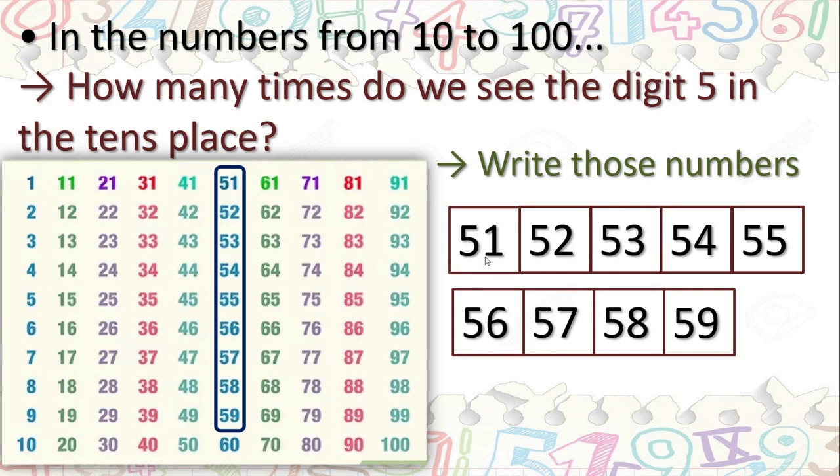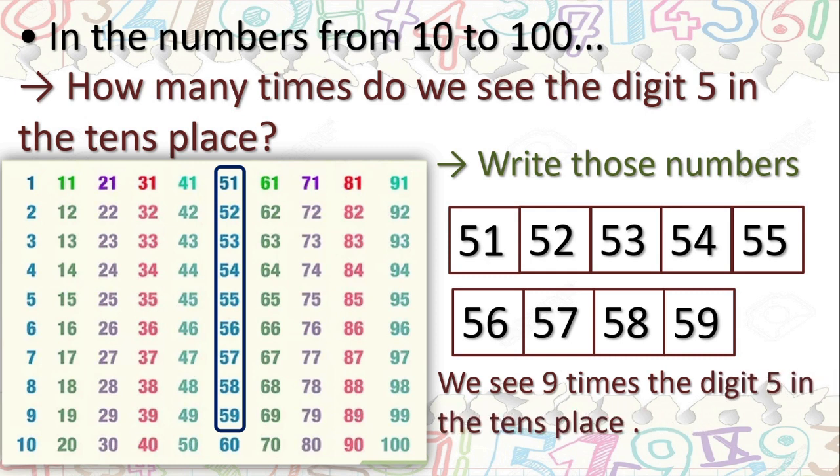Yes, count how many? 1, 2, 3, 4, 5, 6, 7, 8 and 9. We see 9 times the digit 5 in the tens place, isn't it? Same thing we will write here: we see 9 times the digit 5 in the tens place.